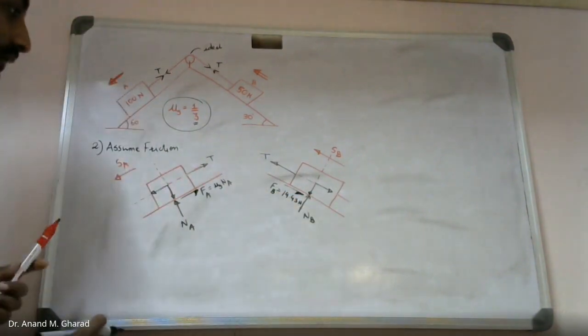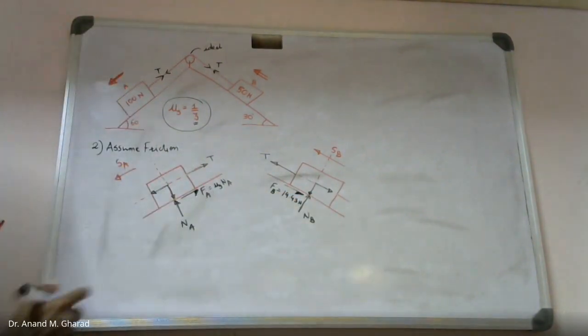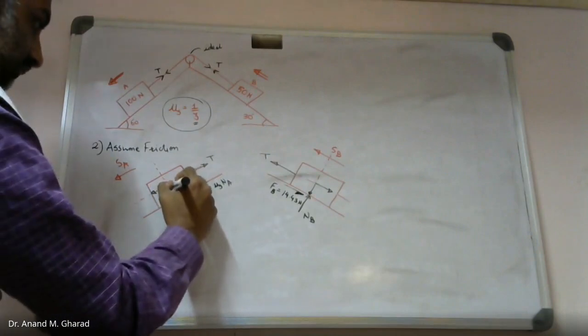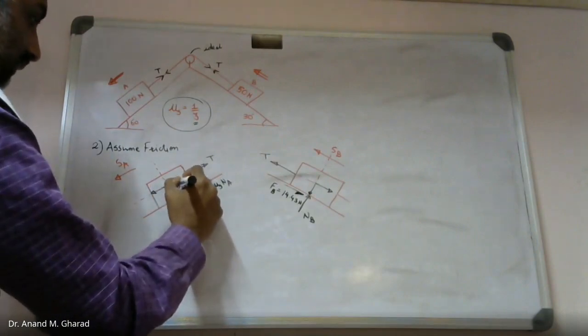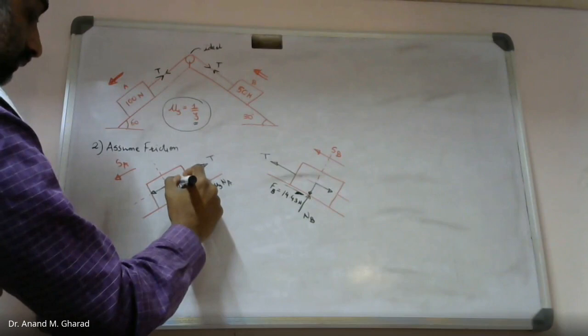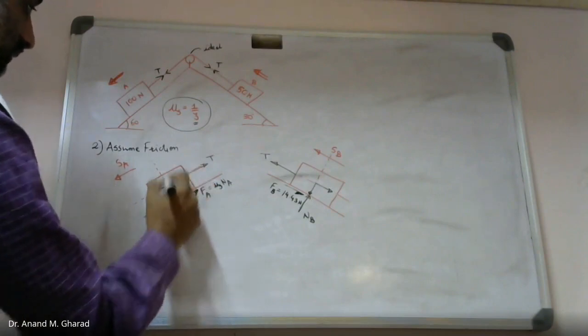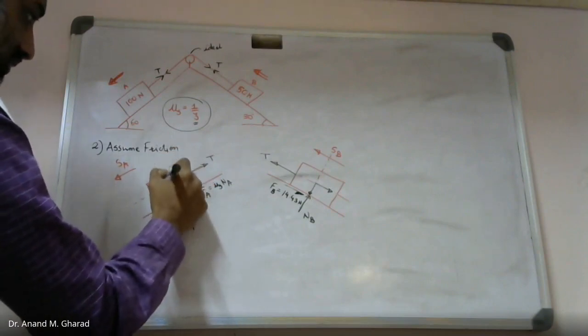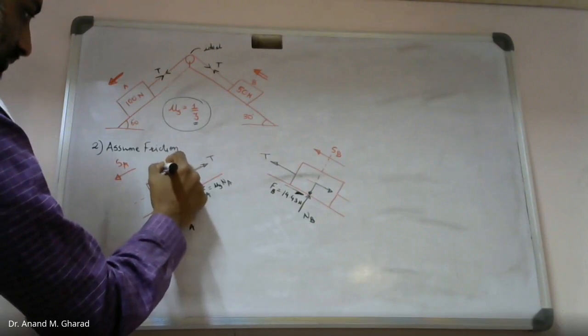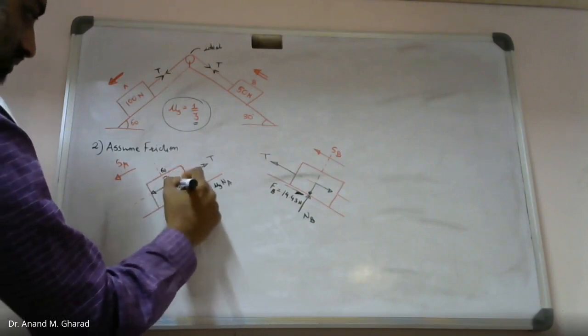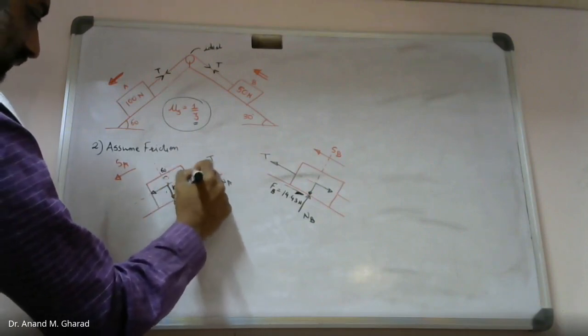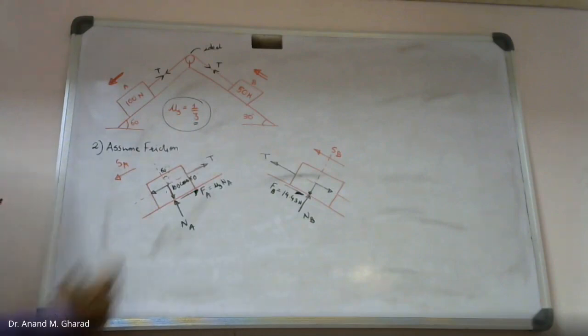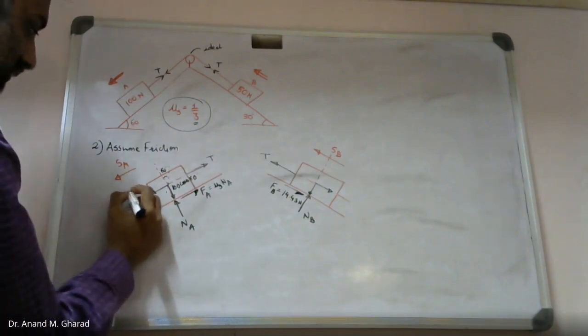Can you please identify the NA value? This was 100, at 60 degrees, so this is 100 cos 60, and this is 100 sin 60.